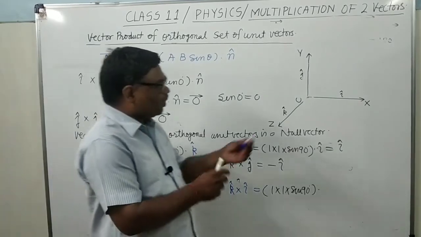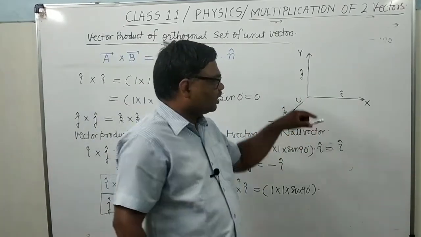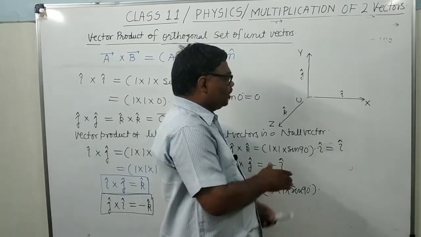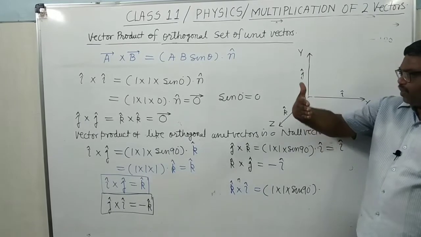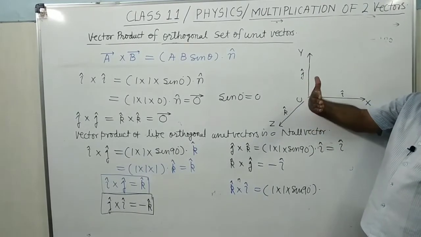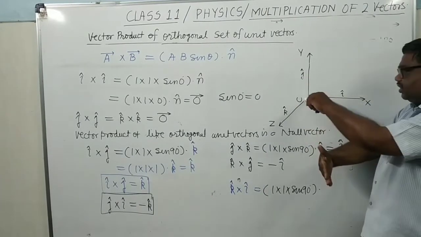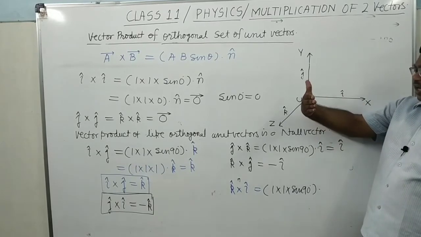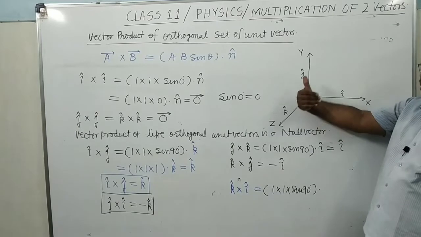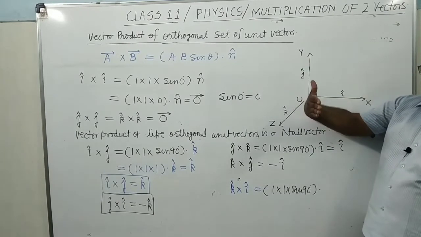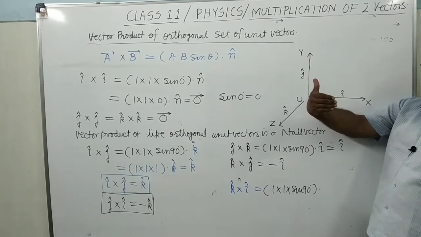So first vector is along this direction, second vector is this. How will you place the palm? So I am trying to show you here, palm will be placed in this way. It is clear? Along the first vector, which is this direction. Turning should be towards this direction. So thumb is pointing in what direction?